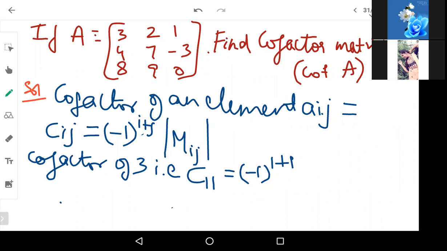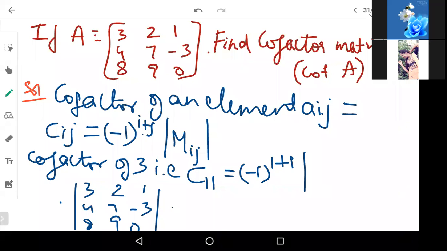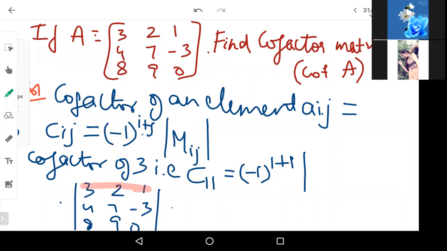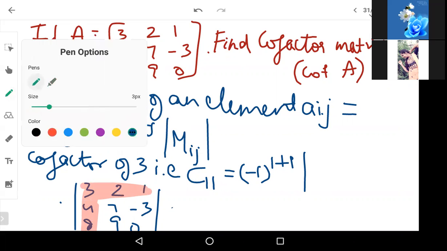Then find the minor. How do you find the minor? The matrix is 3 2 1, 4 7 -3, 8 9 0. Since it is in the first row and first column, we delete the first row and first column.